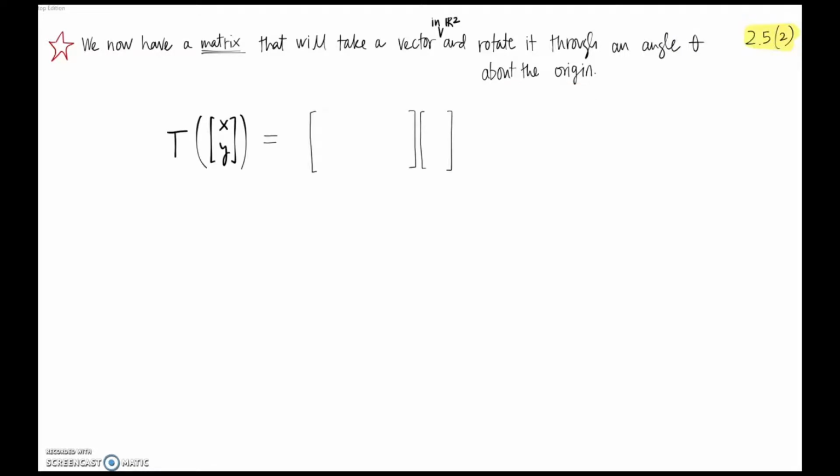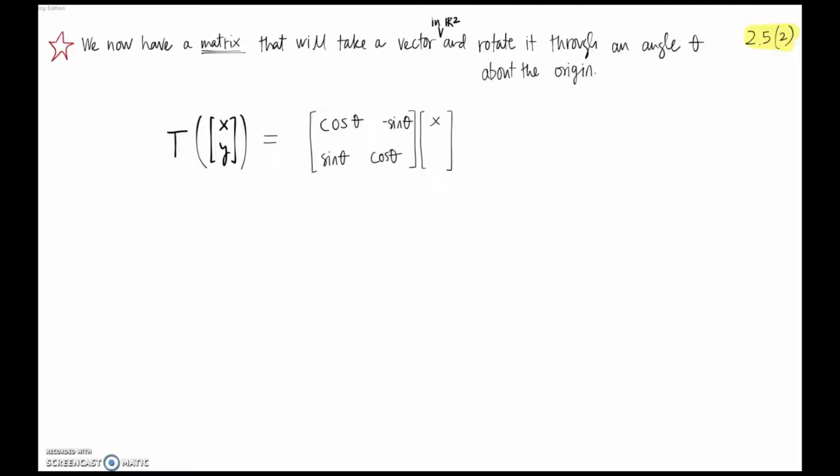Okay, the way we're going to write this is this capital T stands for transformation, and here's our input. We're inputting vector xy, and then we know, we've already figured this out, we know that this has to equal cosine of the angle that we want to rotate through, and this is negative sine of the angle we want to rotate through, and then sine of theta and cosine of theta.